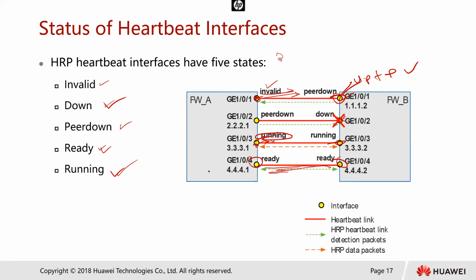That's the purpose of these packets. The local heartbeat interface sends heartbeat link detection packets as long as its physical and protocol statuses are up. These packets are sent every second, and as previously discussed, they are used to detect whether the peer device in that group is working properly. And basically, that is it.